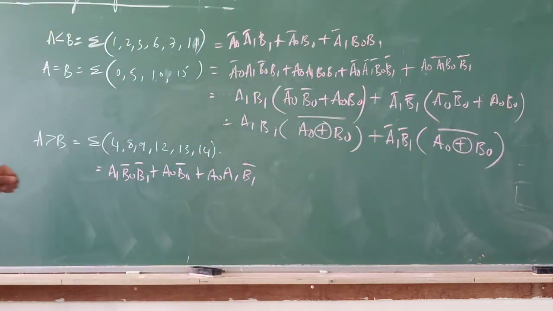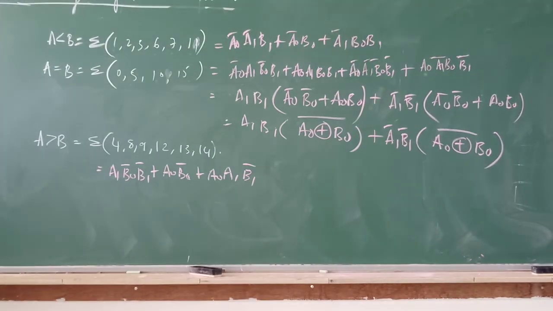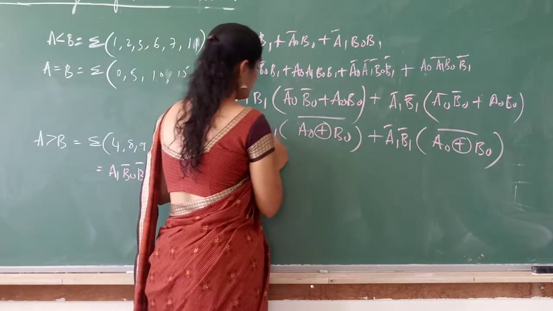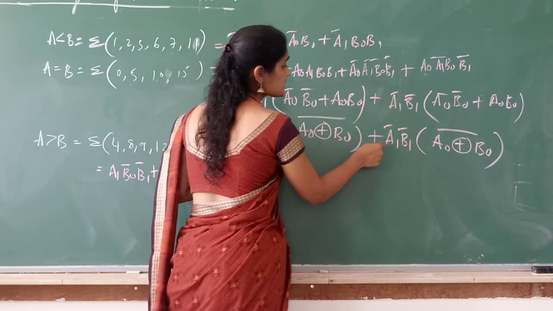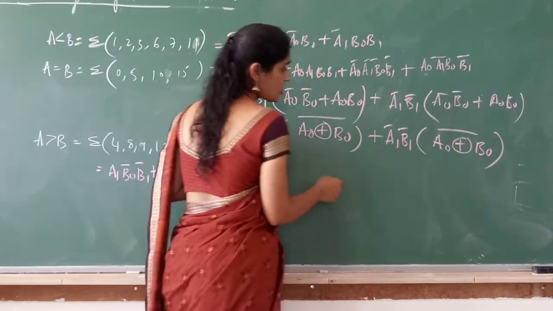Have I written the equations correctly? A0 bar B0 bar, A0 B0, correct? So this is A0 XNOR B0, and this will be A1 B1 into A0 XNOR B0 plus A1 bar B1 bar into A0 XNOR B0.